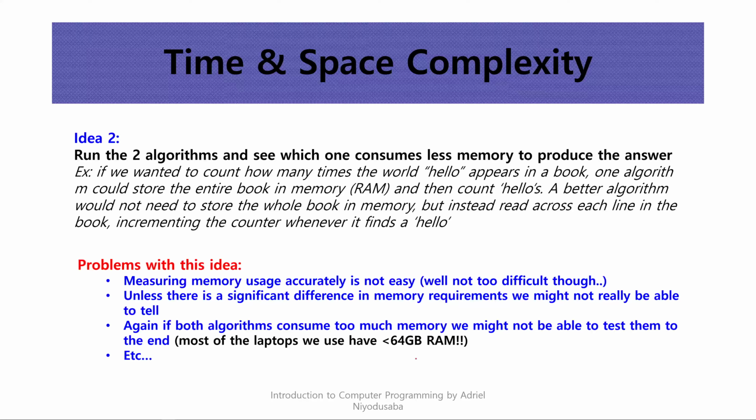But a better approach is that you don't actually need to store the whole book in memory. Instead, you can read sentence by sentence, and at a time you only need to remember a sentence, or you can take it further and only remember the word you are currently reading, and just read as you go and not consume as much memory as the previous approach.